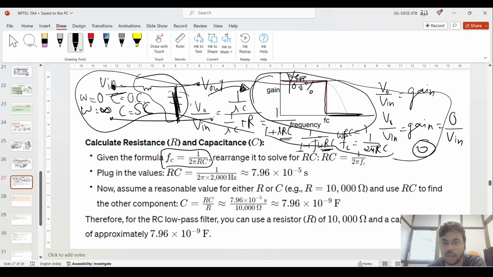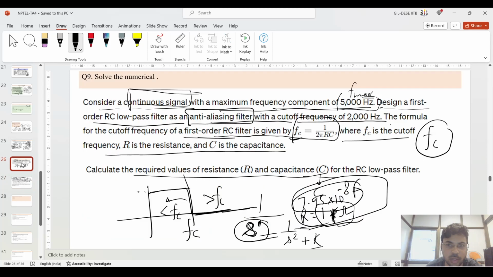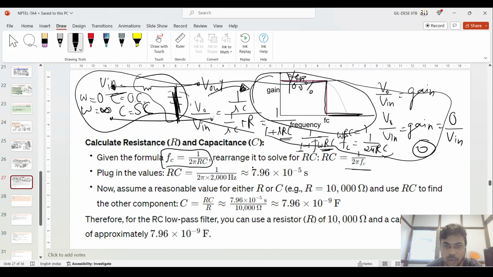It means the cutoff frequency will be 1 upon 2 pi RC. This whole system has been taken into consideration for designing this first order RC filter circuit. So here the cutoff frequency is already given. It is 2000 Hz.